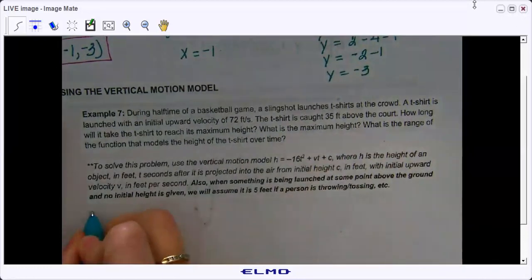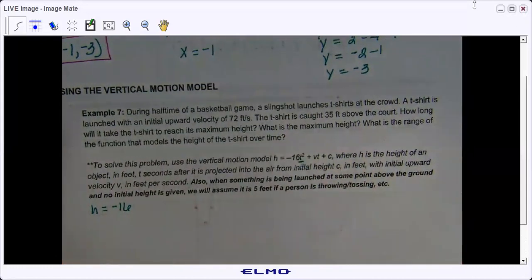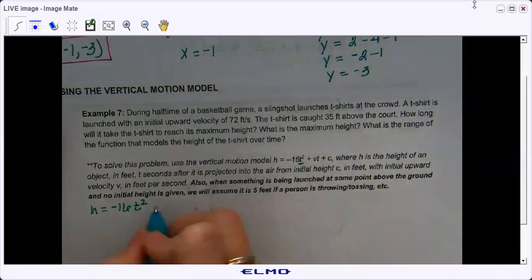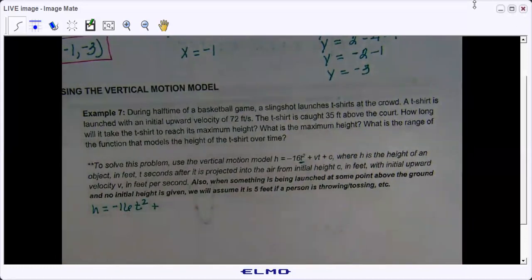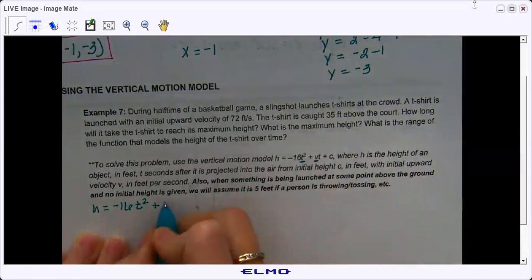We have h equals negative 16. Do we know the t squared? No, we don't know what our t is. Do we know the velocity? Yes. V is 72.